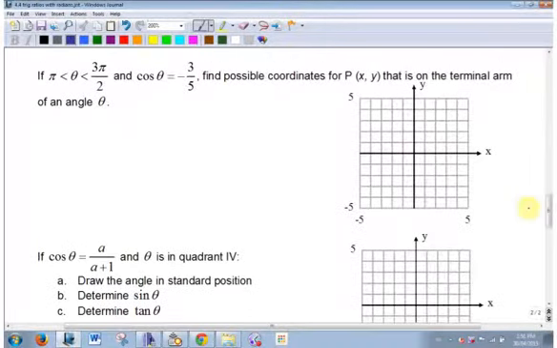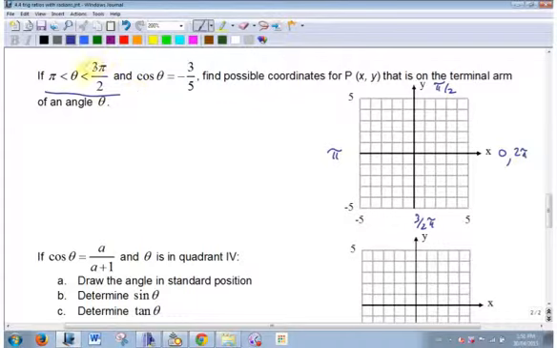So we did this, but it was in degrees. If theta is in between a whole pi and 1.5 pi, what quadrant would that be in? Pi over 2, 0, pi over 2, pi, 3 over 2 pi, 2 pi.